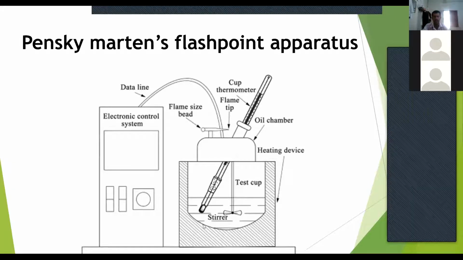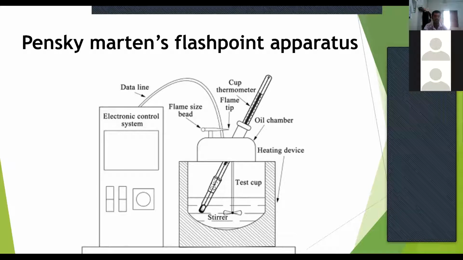Here there's what we call the test cup, right? Inside this apparatus there will be a test cup made of brass. In the test cup there will be a limit. Up to that limit we can remove the test cup and fill it with the sample, right?